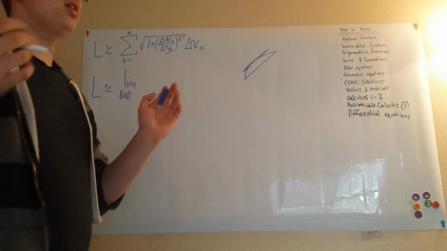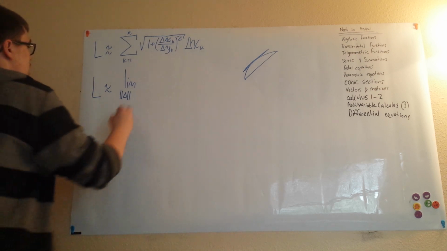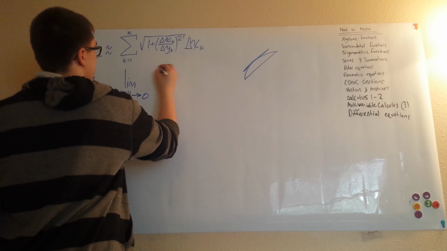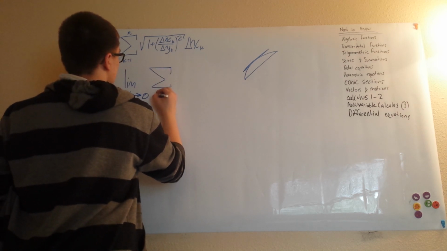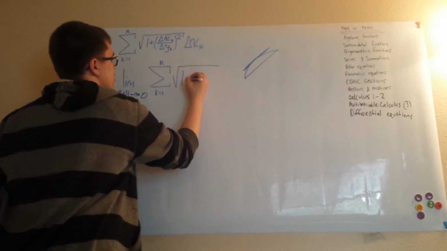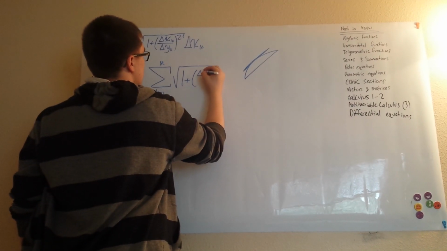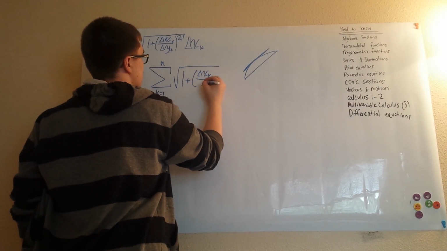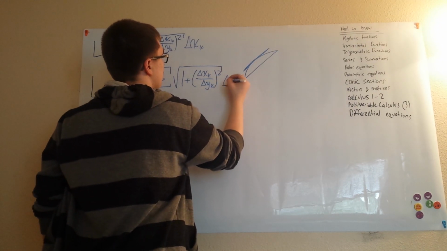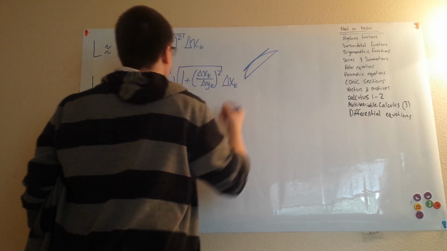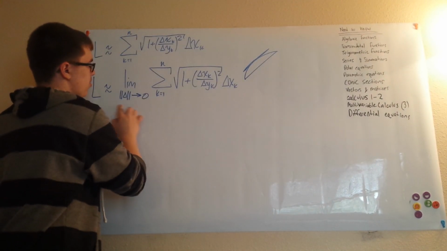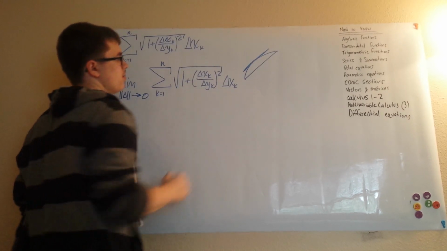So that means we're going to have infinitely many segments. So we have the norm of the partition approach 0 of this entire statement, and if you like to use n approaches infinity, just put n approaches infinity and remove the k's. It'll be good.